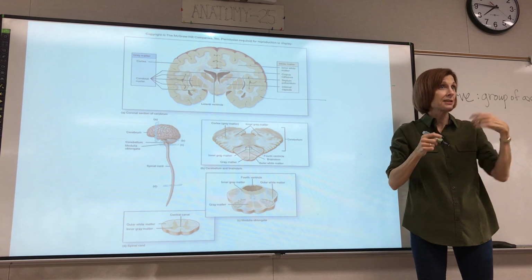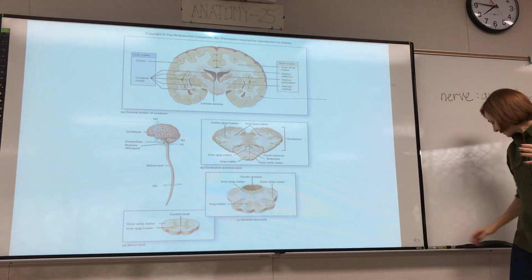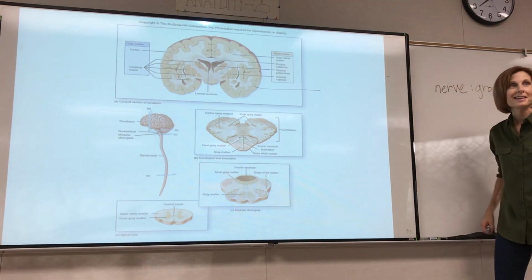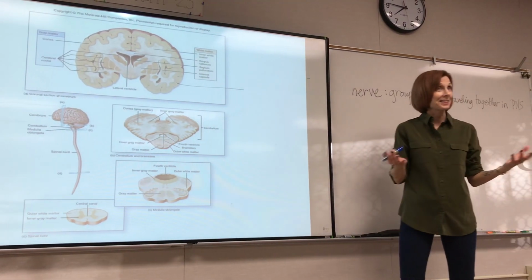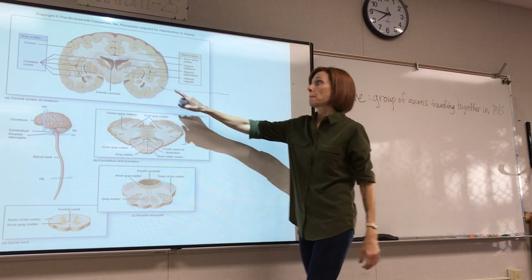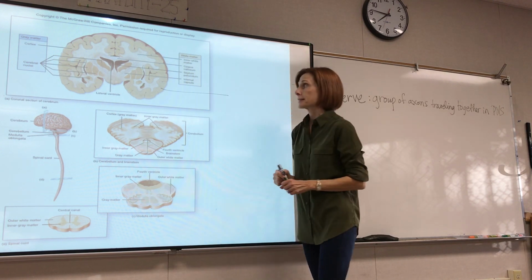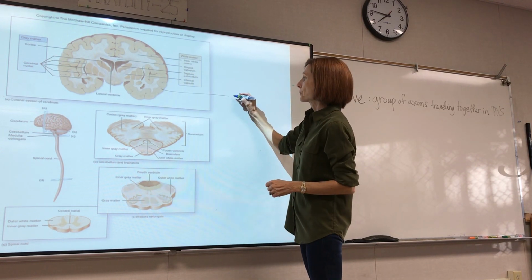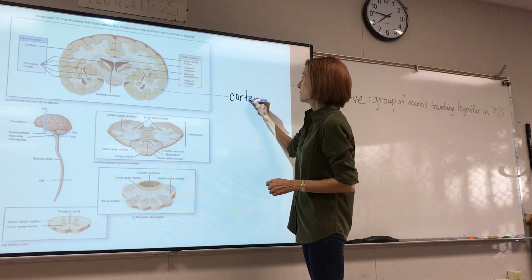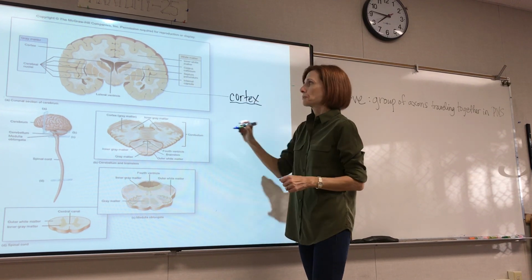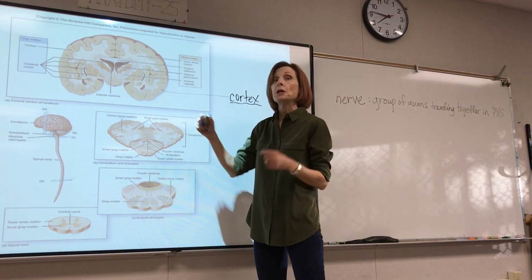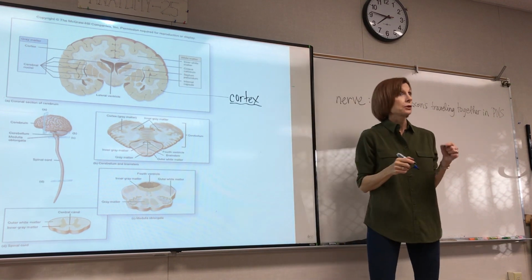Like right now you're hearing the sound of my voice, and hopefully you're thinking about what I'm saying, or whatever you happen to be thinking about is happening somewhere in this area. We have billions and billions of neuron cell bodies here. This is called the cerebral cortex, okay? It's the outer few millimeters of tissue, but contains billions of neuron cell bodies.